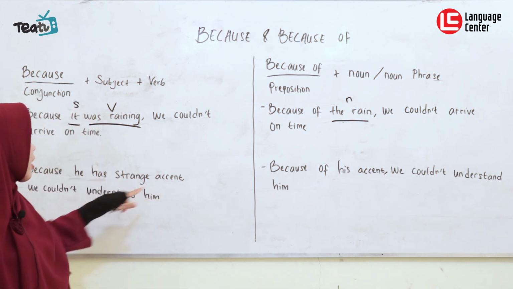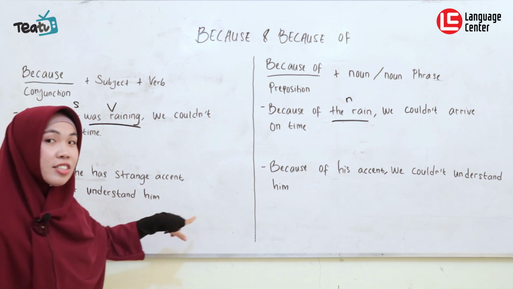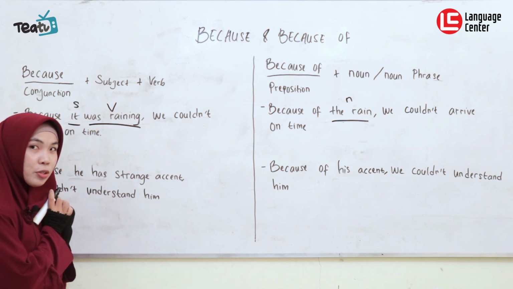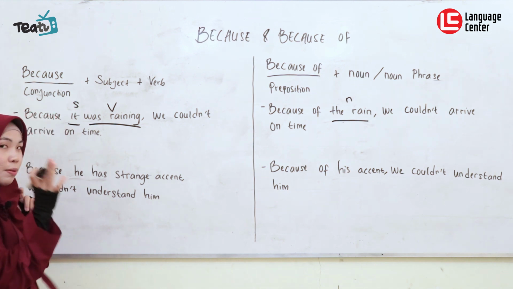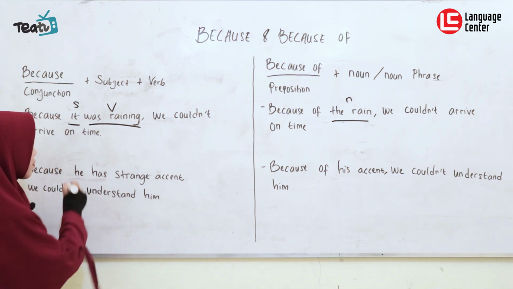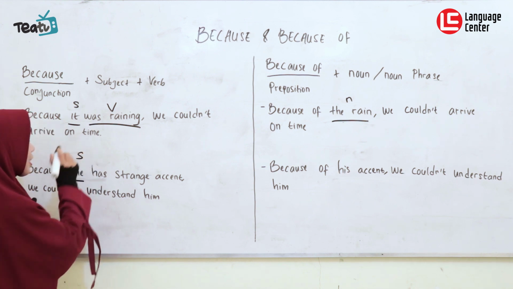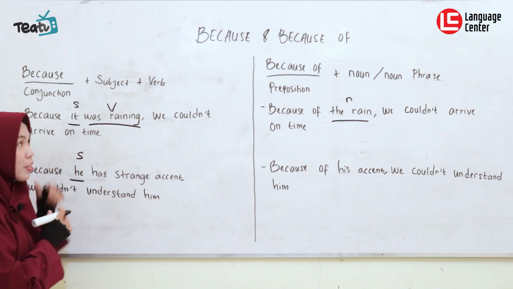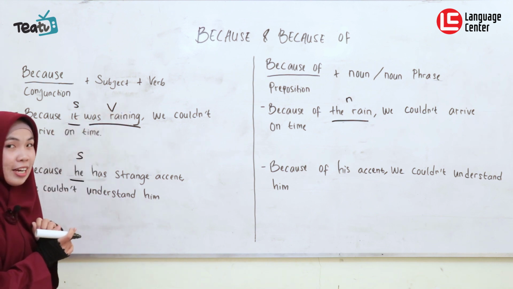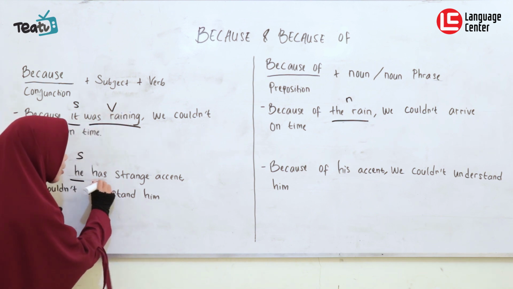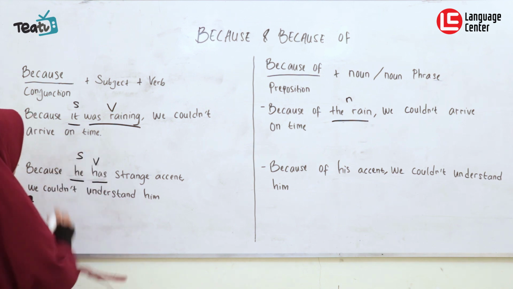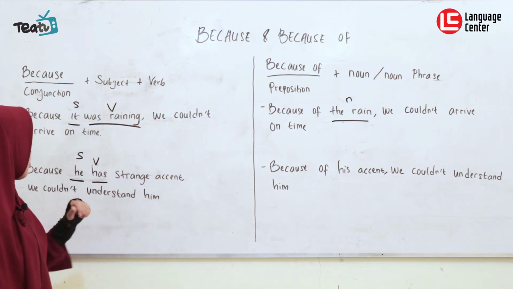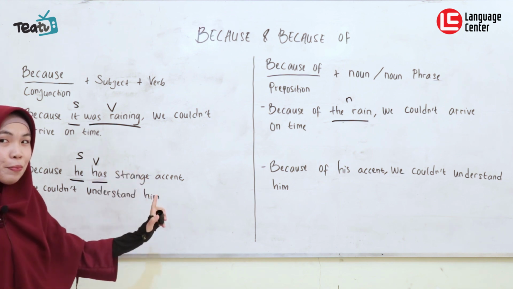Let's take a look at the second example: Because he has strange accent, we couldn't understand him. Remember which one is the subject? Subject comes after because, so this one is the subject. And verb comes after subject, so this one is the verb. Let's read together: Because he has strange accent, we couldn't understand him.